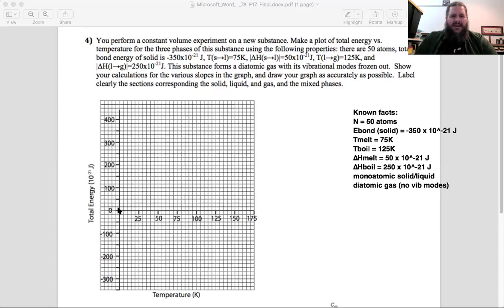Like at the very beginning, what's the temperature on the far left side of the graph? Can we assume it starts at 0?